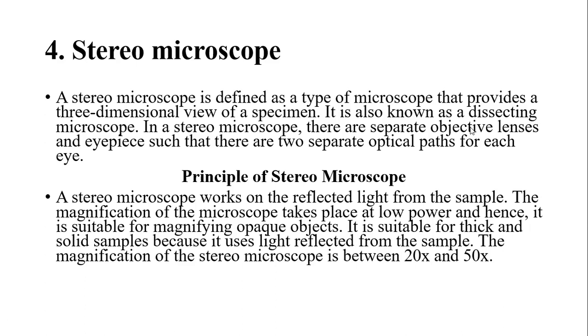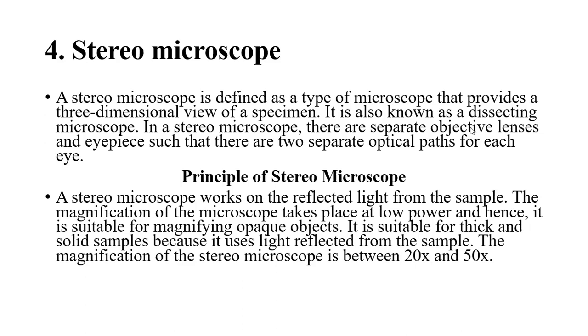Stereo microscope is defined as a type of microscope that provides a three-dimensional view of a specimen. It is also known as a dissection microscope. In a stereo microscope, there are separate objective lens and eyepiece, such that there are two separate optical parts for each eye.